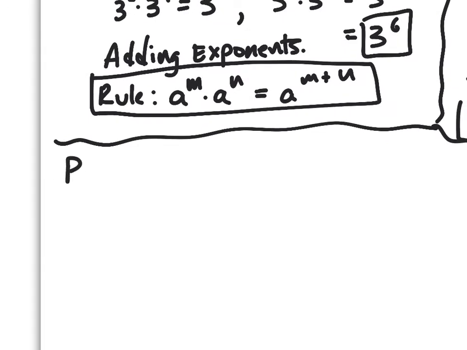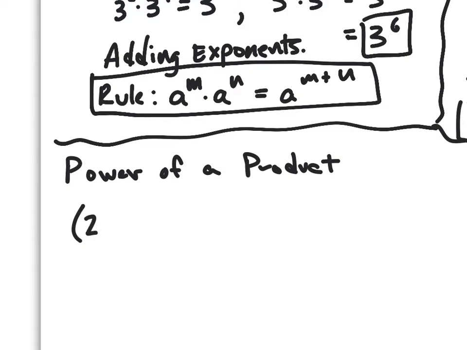Power of a product. On this one, let's use numbers. We don't have to use variables yet. Let's say I have 2 times 3, and we're raising that to the 3rd power.